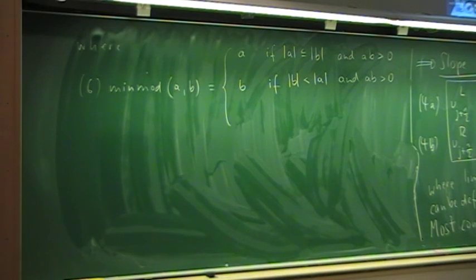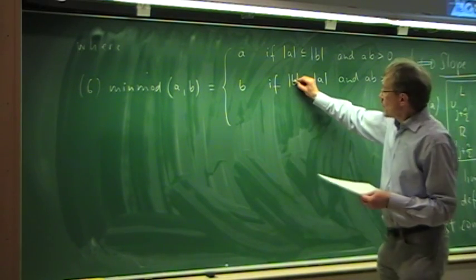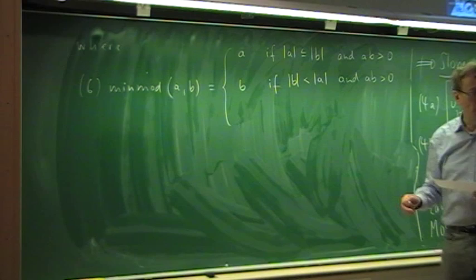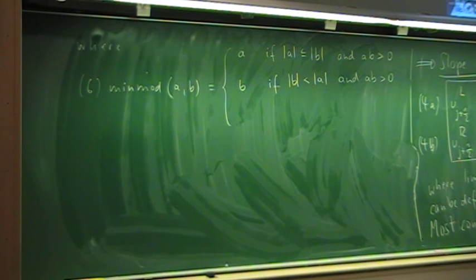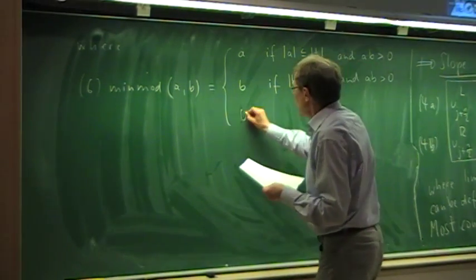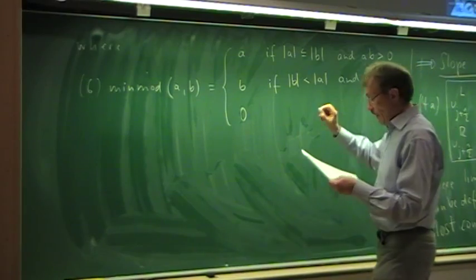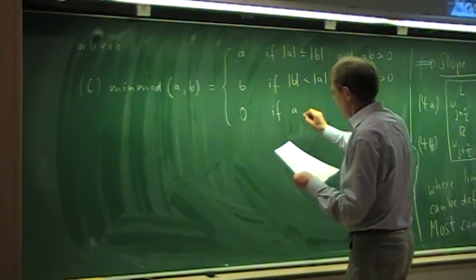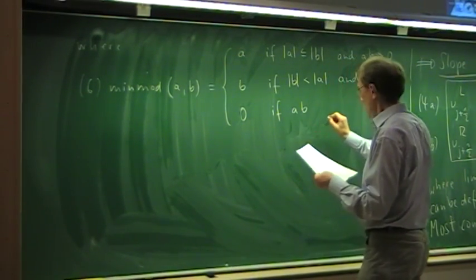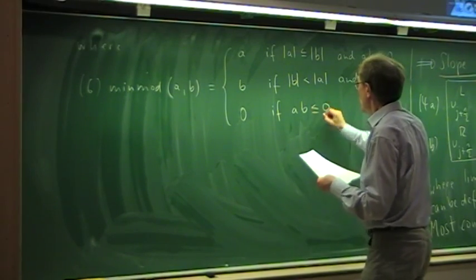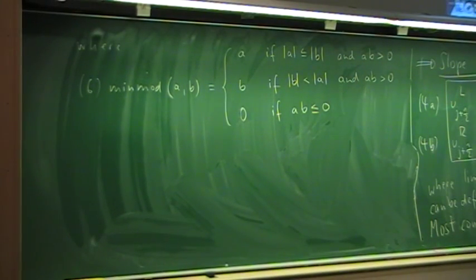And if the slopes would both be negative, then the one would be chosen that has the smallest absolute value. And we get 0, that was the case for the right reconstruction, if the slopes vary in sign, or if one slope is 0. So that is the definition.